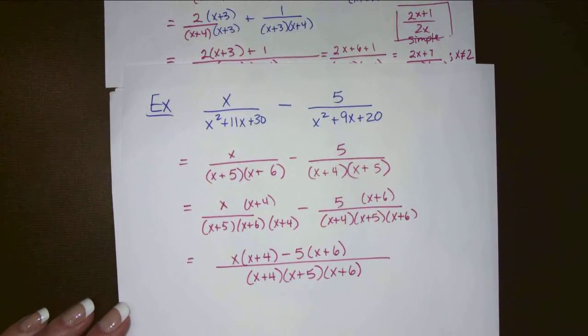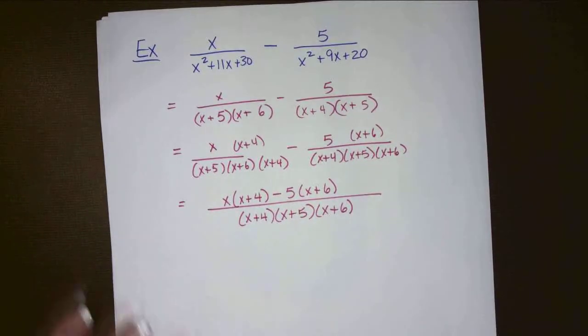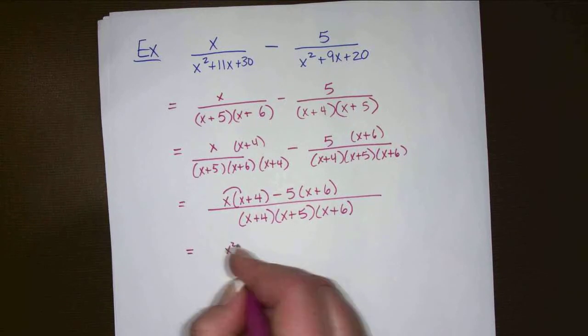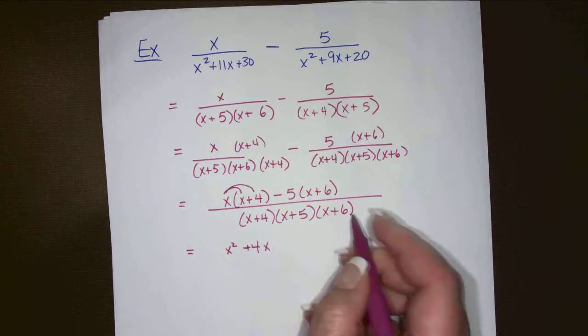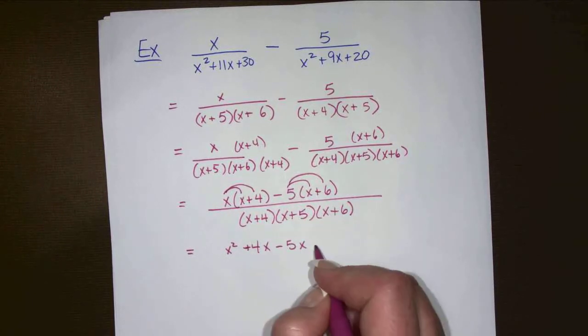Now, what do we do? Once you get it to be one fraction, you work out the top. Leave the bottom alone because it's already factored. Work out the top and then see if whatever you end up with factors. So here we have x times x, x squared plus 4x, minus 5x, minus 30.